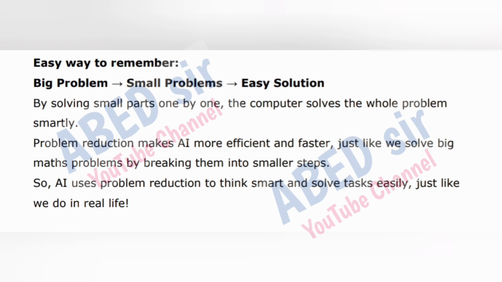By solving small parts one by one, the computer solves the whole problem smartly. Problem reduction makes AI more efficient and faster, just like we solve big maths problems by breaking them into smaller steps. So, AI uses problem reduction to think smart and solve tasks easily, just like we do in real life.